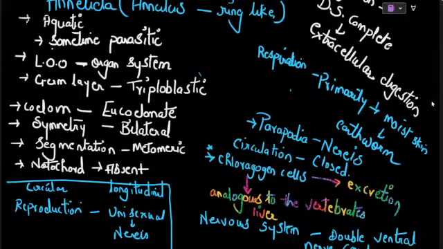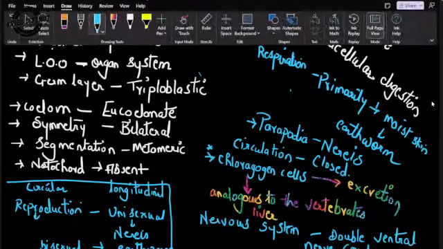An example for bisexual is earthworm. So they show sexual reproduction.